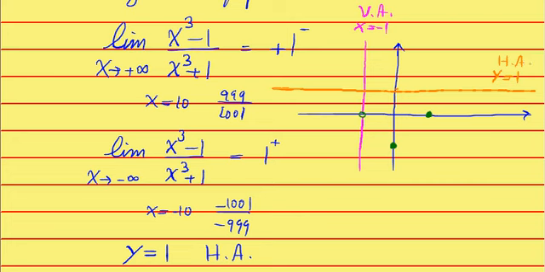What other information do we have here? We know that on the right, as I approach my horizontal asymptote, I'm a little bit below it. Okay, x goes to plus infinity. The limit is shy of 1. So one tail is here then.